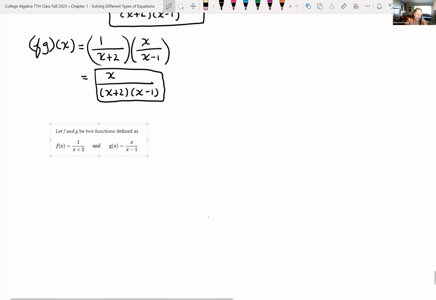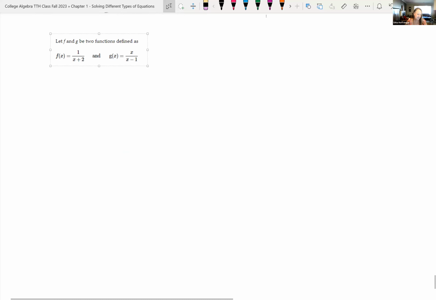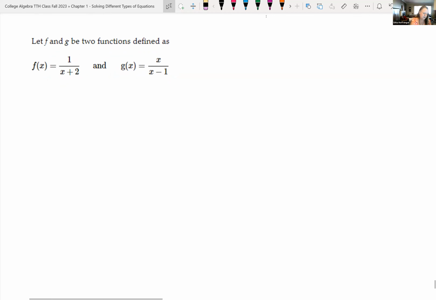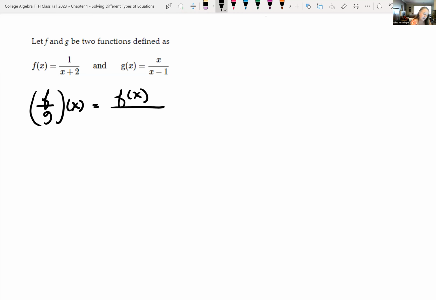Now we're looking at f divided by g of x. So looking at my equation f of x divided by my equation of g of x, my equation f of x is 1 over x plus 2.